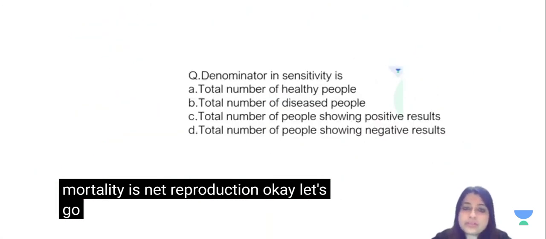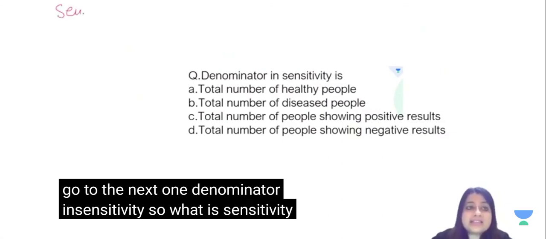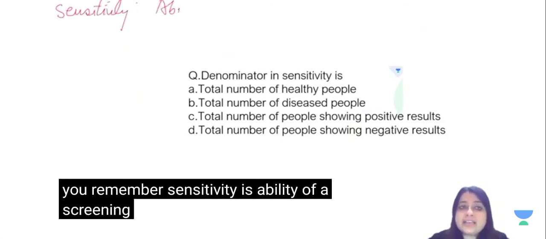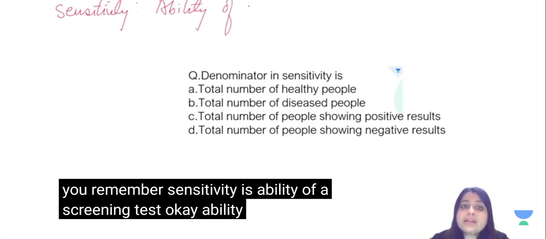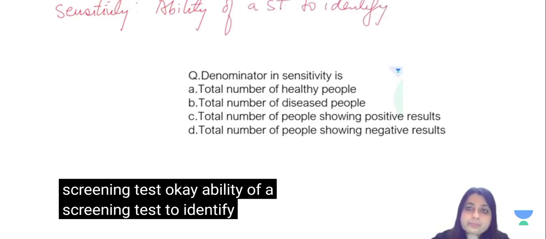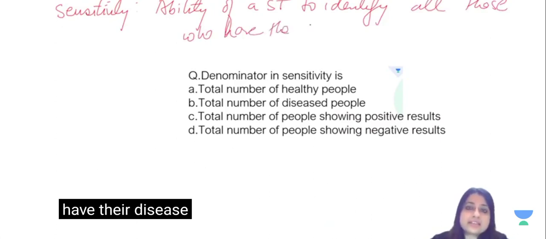Let's go to the next one: denominator in sensitivity. So, what is sensitivity? If you remember, sensitivity is the ability of a screening test to identify all those who have the disease.